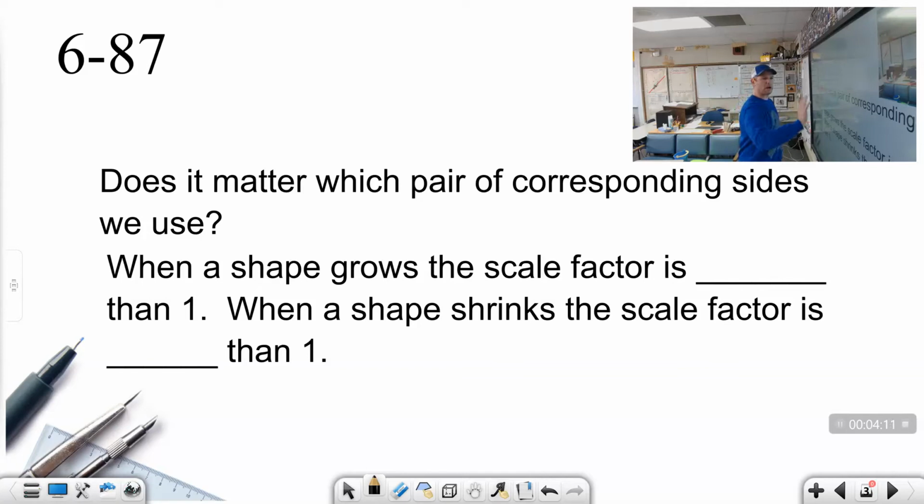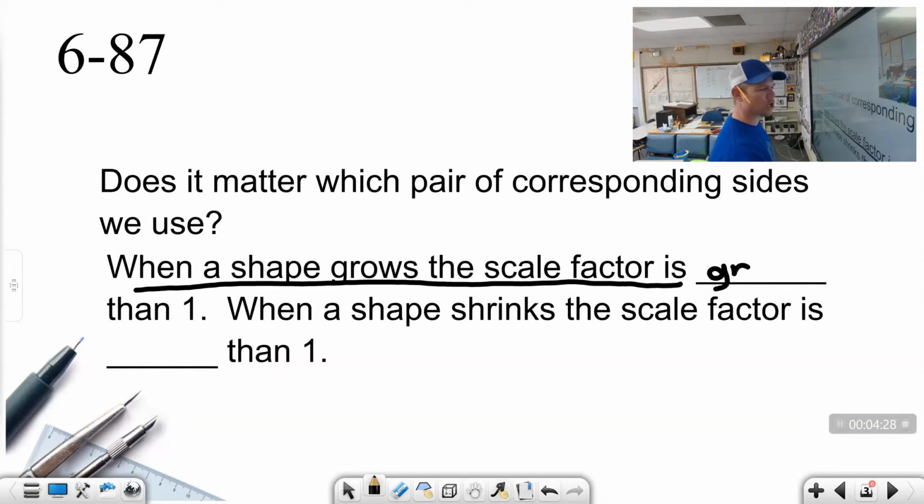Does it matter which pair of corresponding sides we use? Yes, it does. Because smaller to bigger, bigger to smaller, we need to pay attention to direction. What I want you to write is when a shape grows, the scale factor is greater than 1.